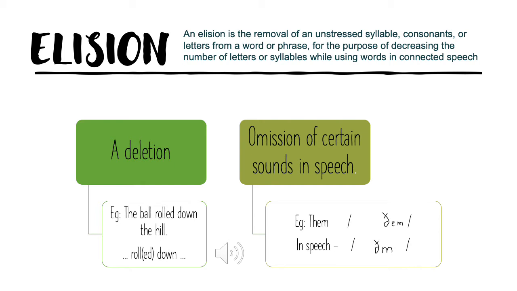In speech, similarly, look at a word like them or of or can, for example. Can, that modal auxiliary, is written as can, but in connected speech, we hardly ever make it sound as can. I can do it. You can do it. We don't say it as you can do it.